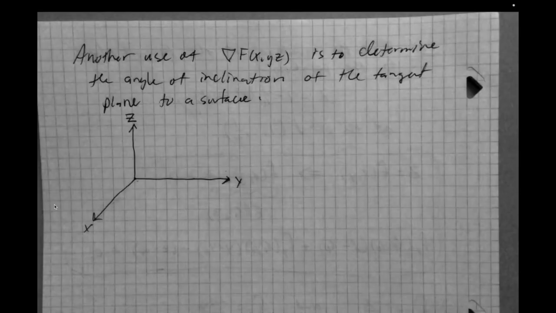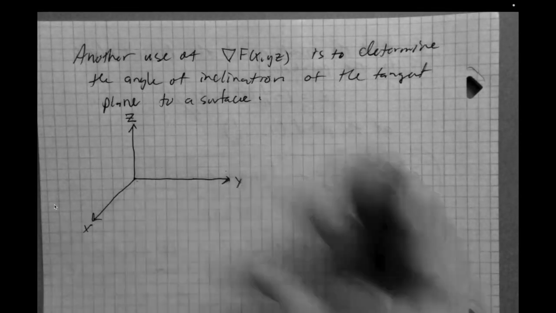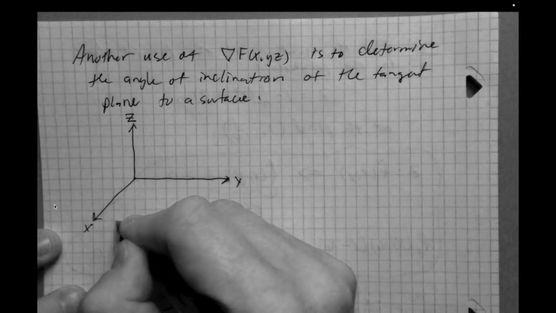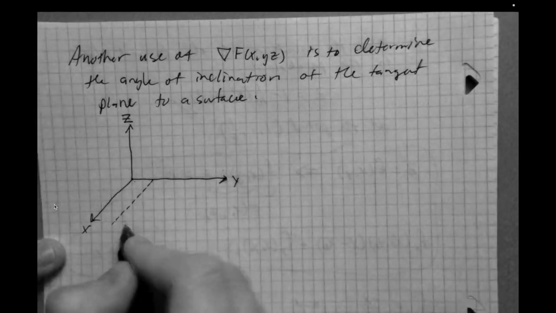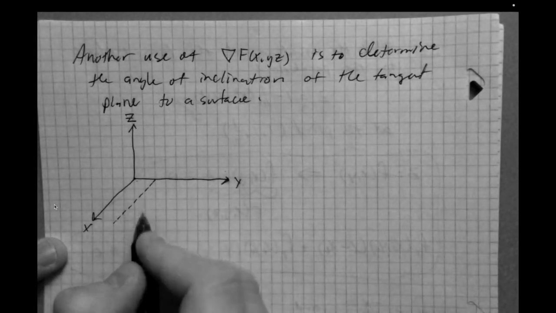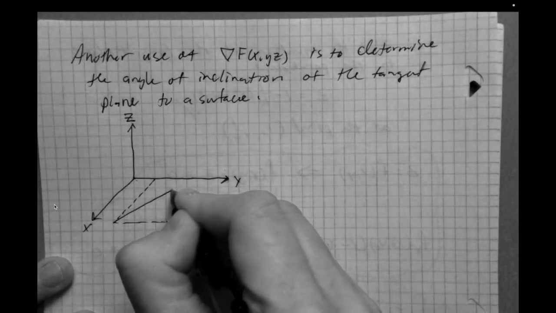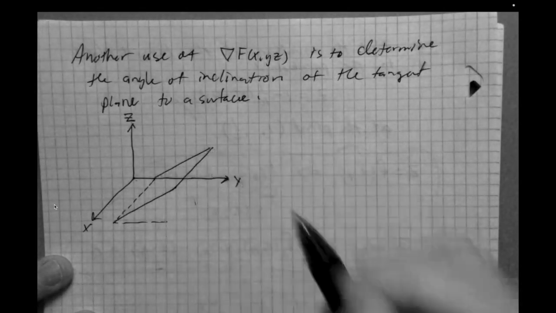Maybe in the course of working on some problem, you've come to identify a particular tangent plane. You've got a surface in the XYZ coordinate system, and you've identified a tangent plane. Let's just say, for sake of ease, that it happens to lie like this. So this is the XY plane, and then coming off of that you've got some surface, and we'll say that surface looks like that.